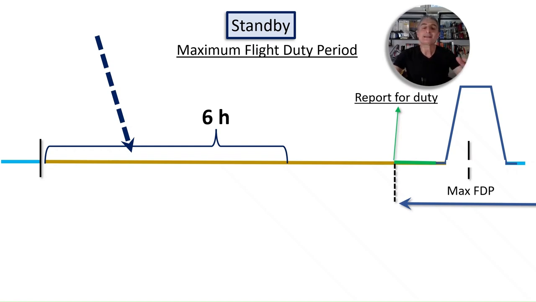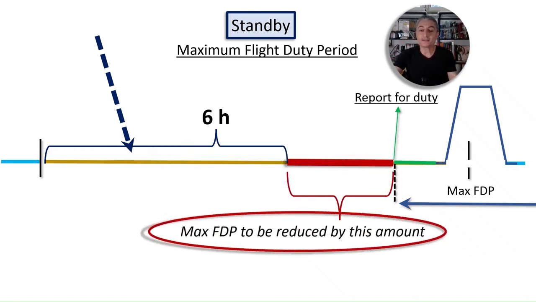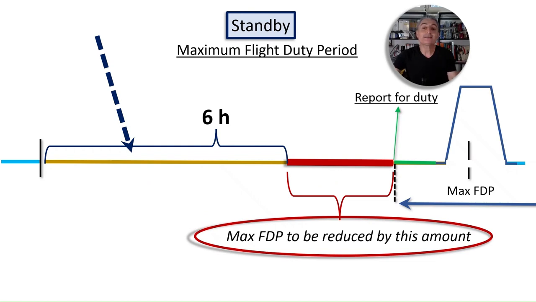But when we calculate how much is today our maximum flight duty period, we have to reduce this amount by this red line. That means the excess of time between the first 6 hours and the report for duty. Therefore, today our maximum flight duty period, although it starts at the report for duty, is not going to be as for the table, but a little bit less. Less how much? How much is this time between the first 6 hours and the report for duty?